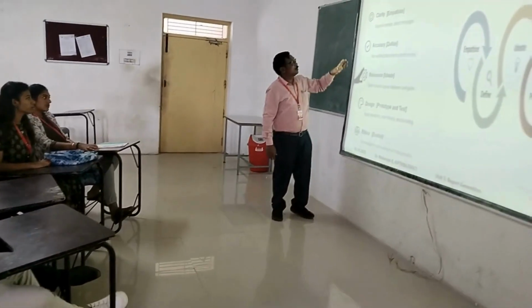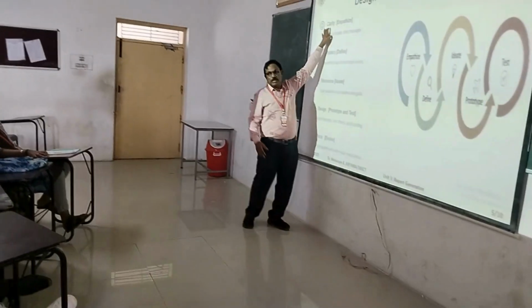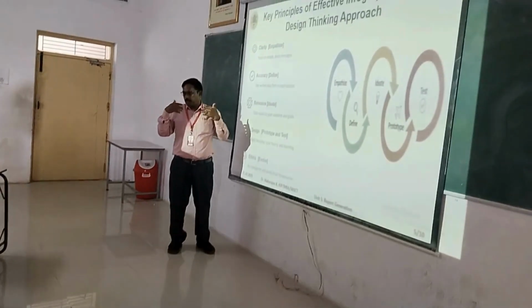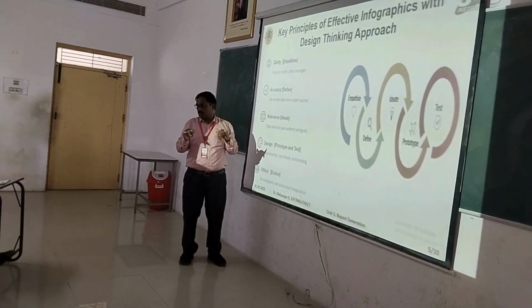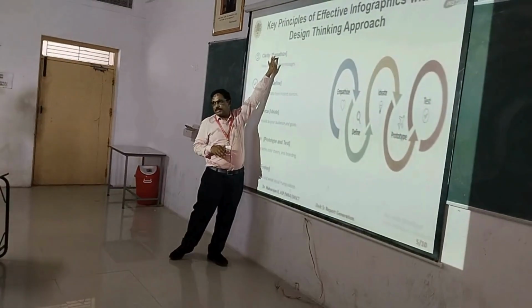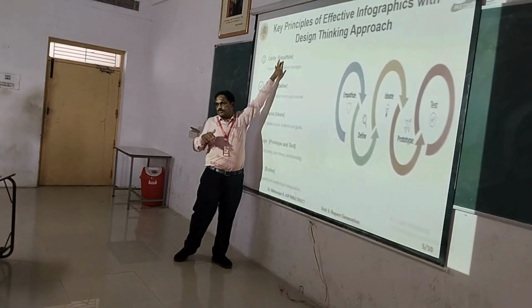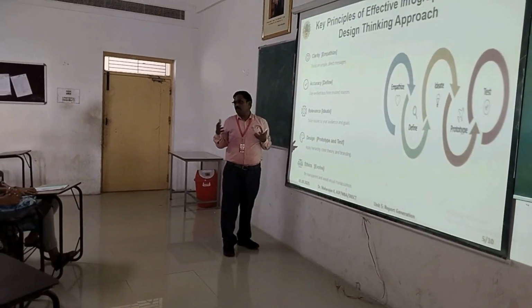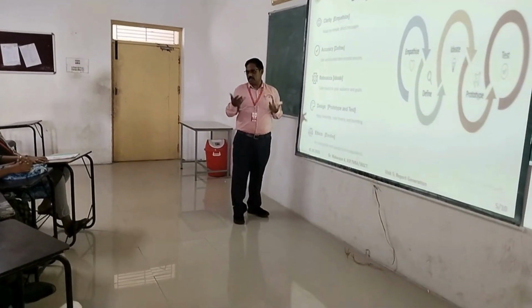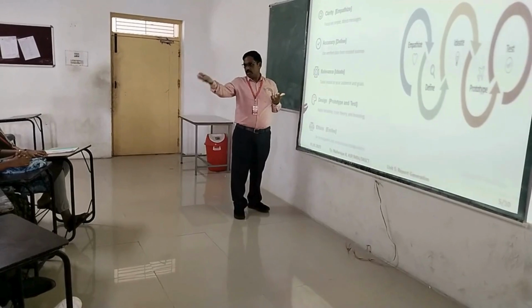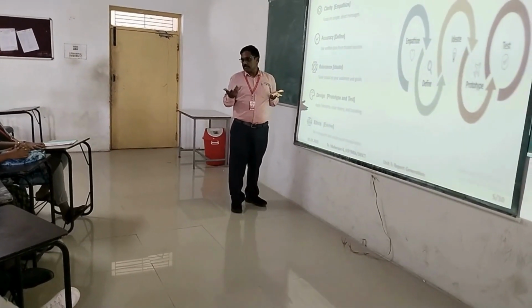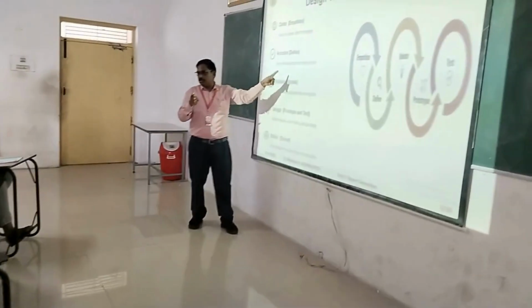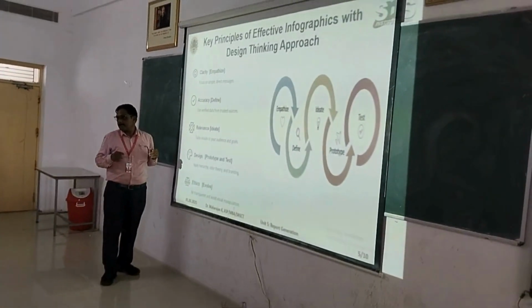So clarity. Clarity means we have to know exactly what the problem is. So we have to look from the perspective of the user. That's why I named it empathize. Unless we look from the perspective of the customer or the stakeholder, we will not know the real picture. The way I look at you and the way you look at me are different. If there are two persons, A and B, how many relationships are there between them?